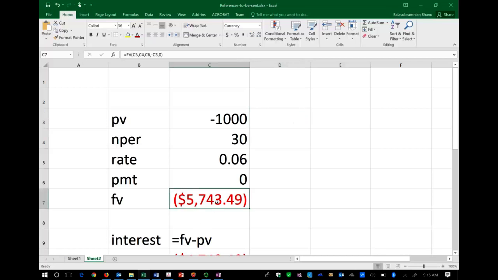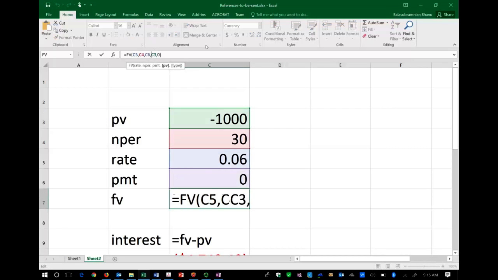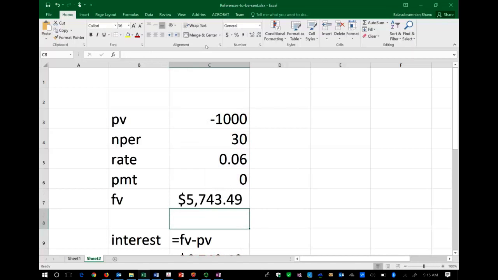Okay, because I used the negative, it's showing as negative. Okay, double negative became positive, right? So, outflow is indicated as negative, inflow is indicated as positive, right? That is true whether you use a calculator or whether you use a spreadsheet, it's the same, right?